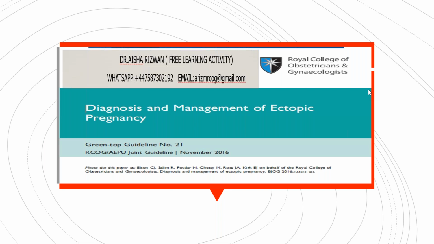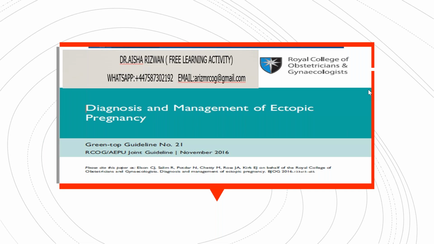So there are different predictors of success of the treatment, like the initial serum beta-HCG. If the beta-HCG levels are less than 1000, then the success rate of the treatment is going to be 81 to 98%.